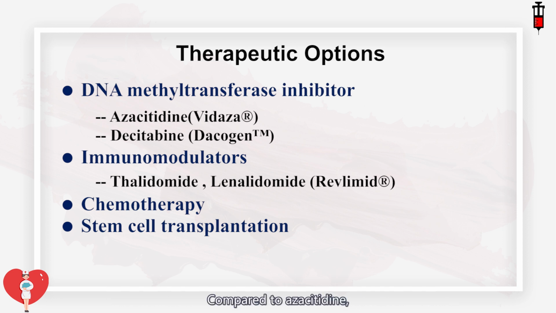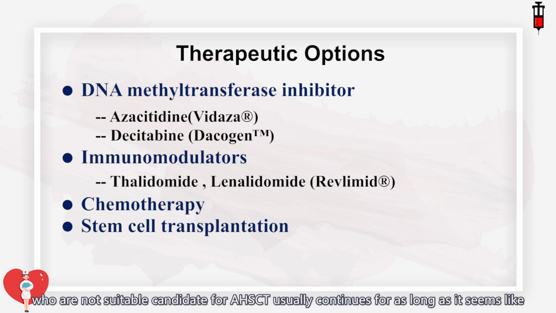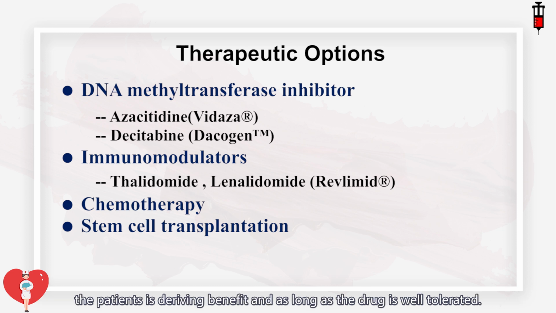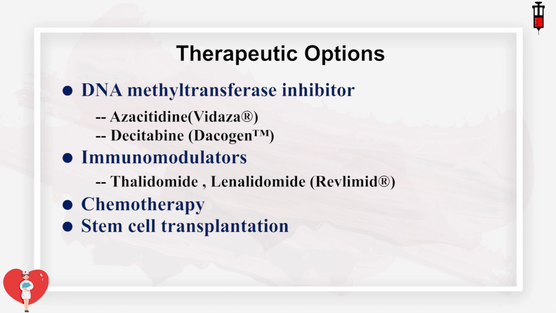Compared to azacitidine, it may work faster. Therapy with DNA methyltransferase inhibitors in patients who are not suitable candidates for HSCT usually continues for as long as the patient seems to be deriving benefit, and as long as the drug is well tolerated.